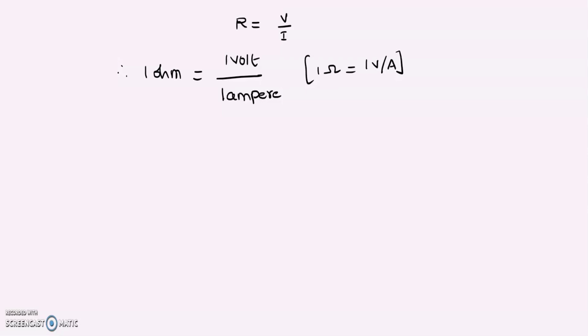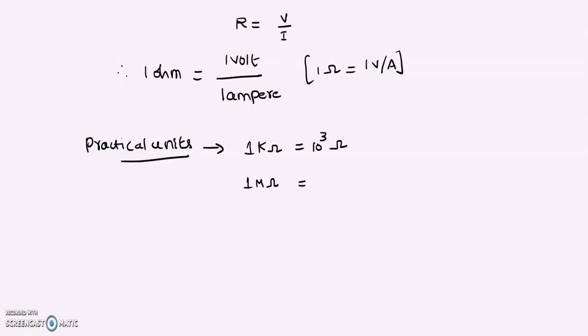High resistances are measured in kilo ohm. The practical units of resistance: 1 kilo ohm is equal to 10 power 3 ohm or 1000 ohms. 1 mega ohm is equal to 10 power 6 ohm.